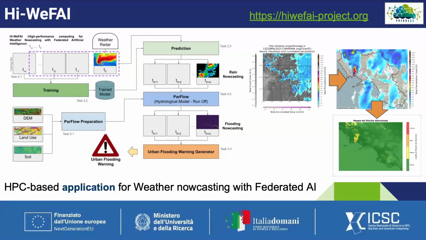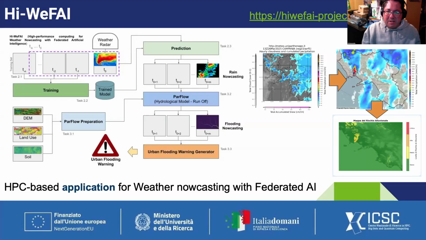Because if forecasting has a time outlook of days, nowcasting has hours, but nowcasting is very accurate because it is based mainly on data. So in this way, we predict the next 6-10 minutes, meaning the next hour.